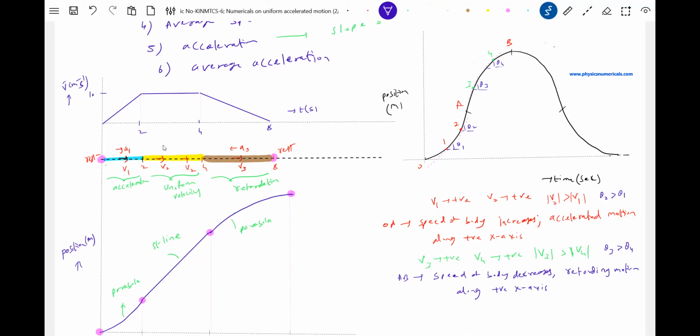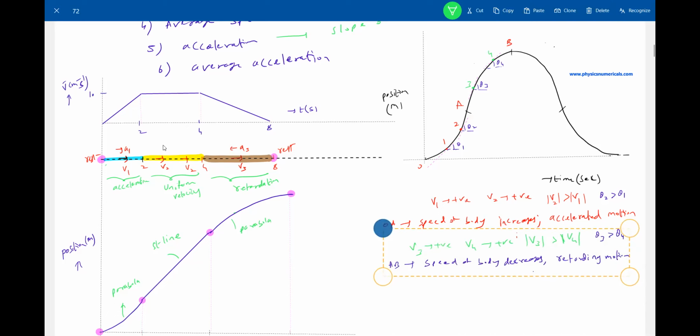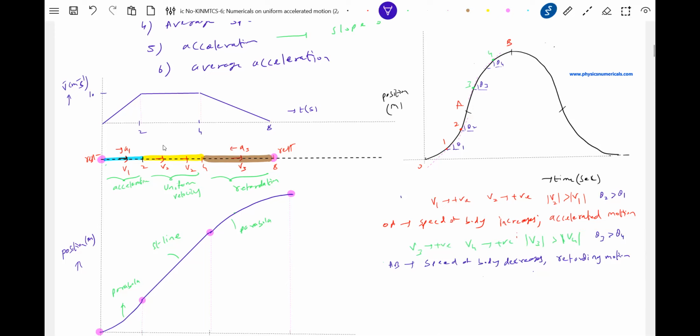The direction I'll show later by another graph. Retarding motion, accelerated motion, that I will indicate. That is the first thing, the second thing; the third thing we will analyze.